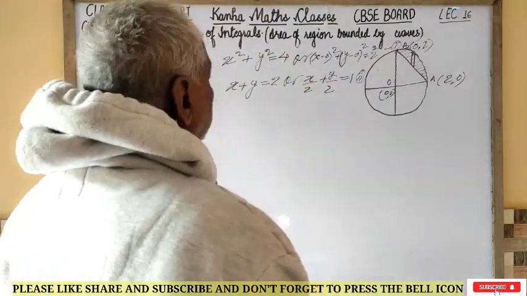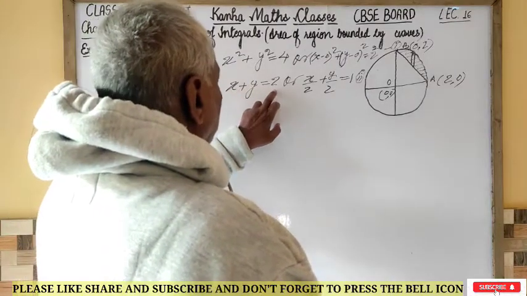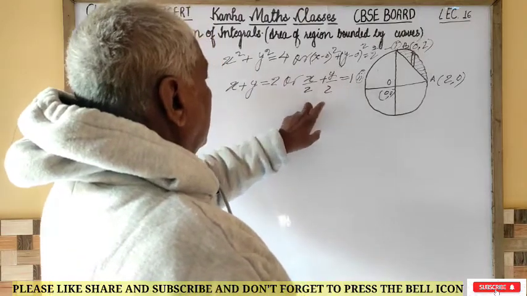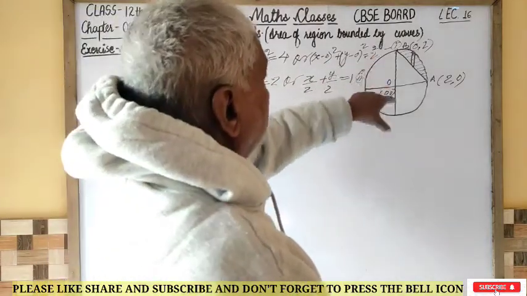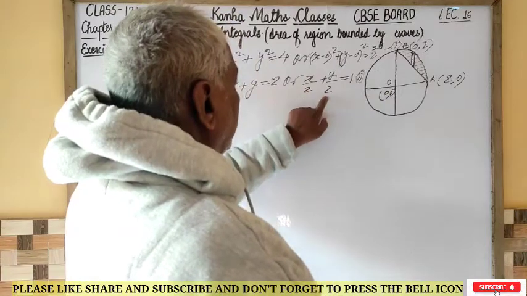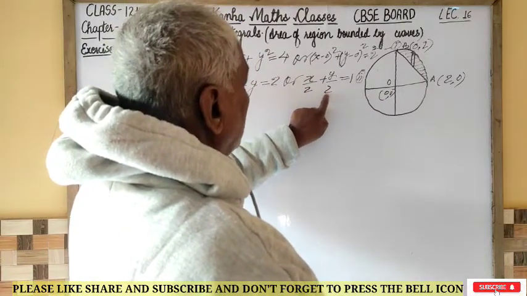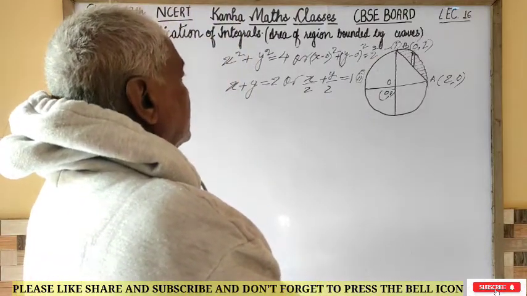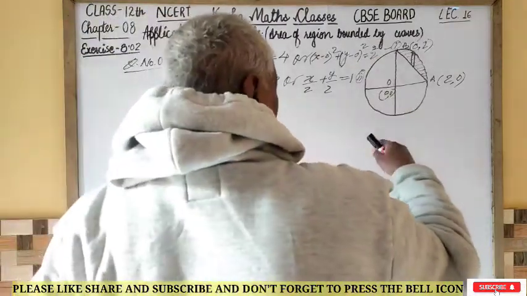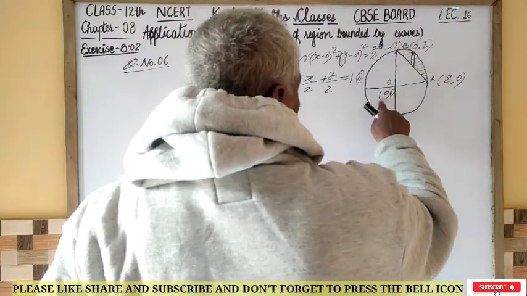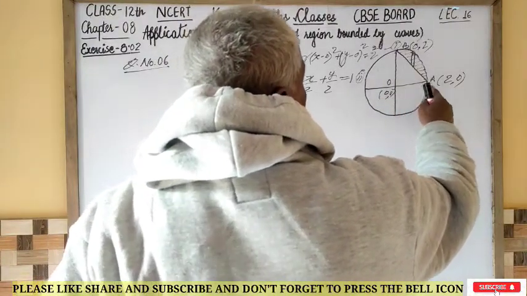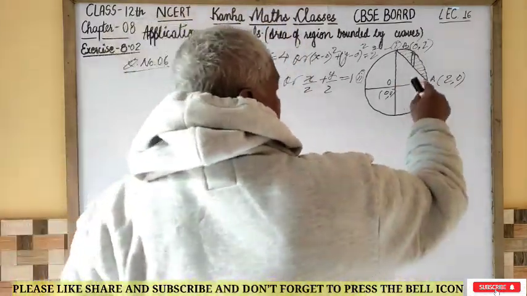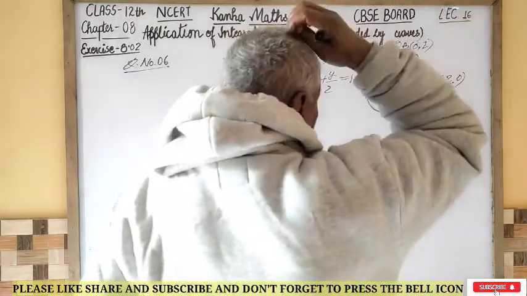And second, x plus y is equal to 2, or x by 2 plus y by 2 is equal to 1, having intercepts on the x and y axes equal to 2 and 2, which is equal to the radius of the circle. If you trace the circle, you will find the center is 0, 0 and radius OA is equal to 2, so the coordinate of point A will be 2, 0.